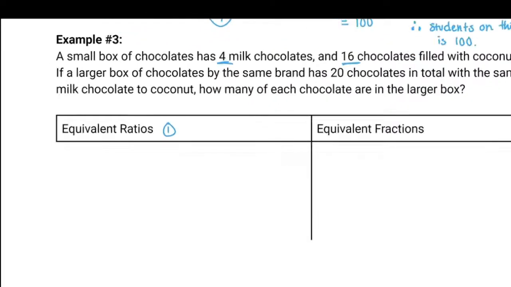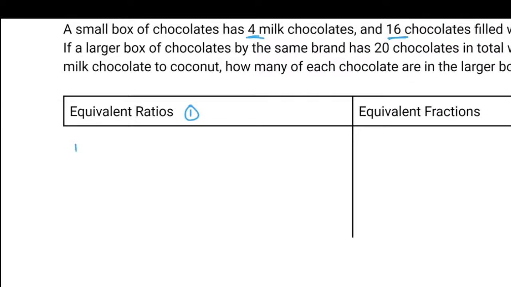So what we can do here is we have our milk chocolate, our coconut chocolate, as well as our total. And the ratio is 4 to 16 to 20. And then this is in the smaller box.